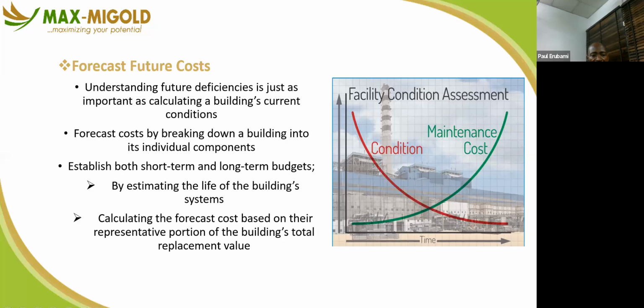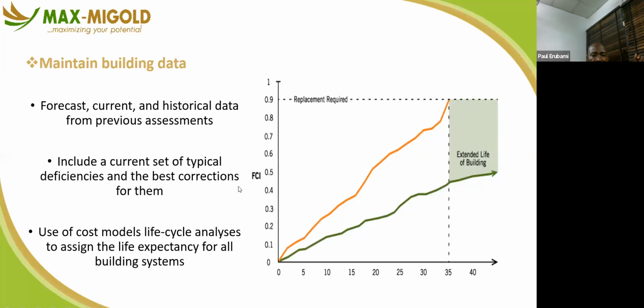Then it also helps you to establish both short and long-term budgets by estimating the life of the building systems, by calculating the forecast cost based on their representative portion of the building's total replacement value. So you calculate your replacement cost as well.